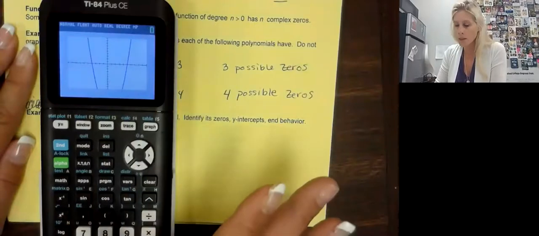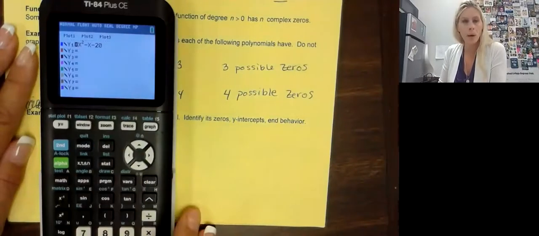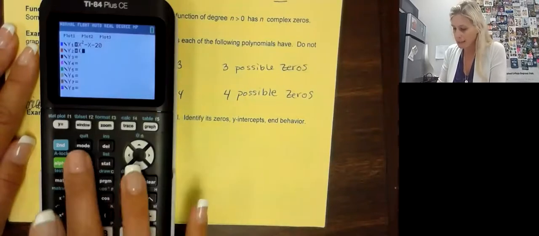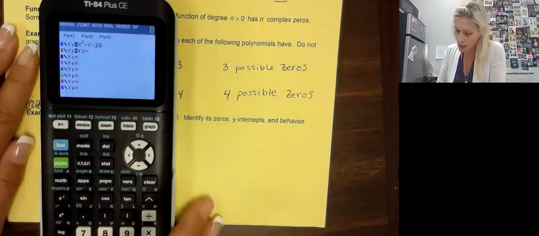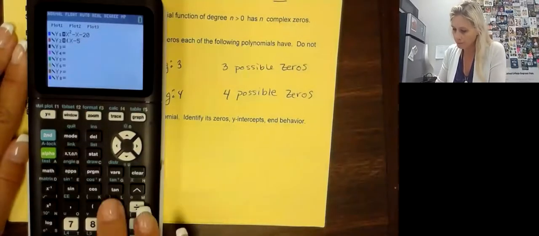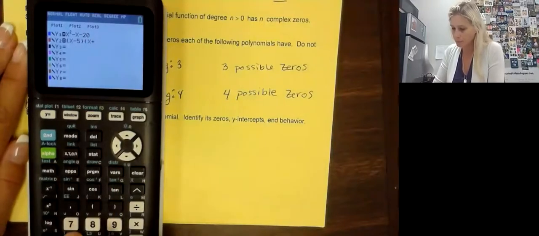Okay. Now, if I go back to y equals and I go to y2, I'm going to put in that factored form, which was x, don't forget parentheses, minus 5, parenthesis, x plus 4.